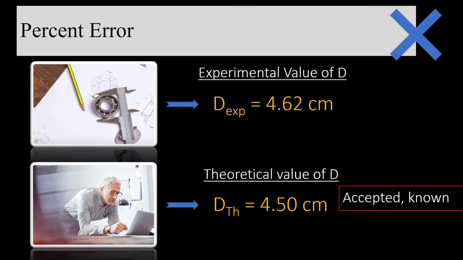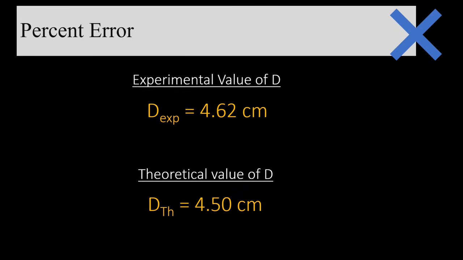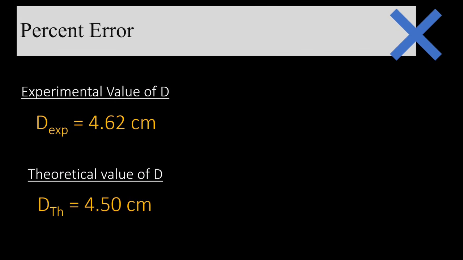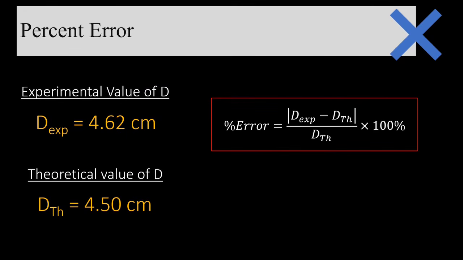Now, since you know the theoretical value of your measurement, then you can calculate something called the percent error, which is given by the difference between these two values divided by the theoretical value. And of course, you take the absolute value, so it's always a positive number. So in our case, it's 4.62 minus 4.5 divided by 4.5 times 100%.